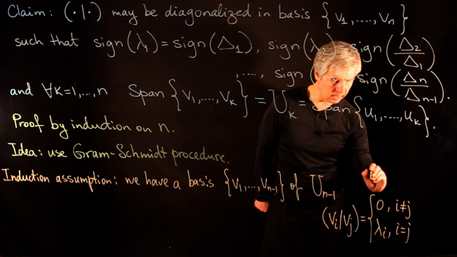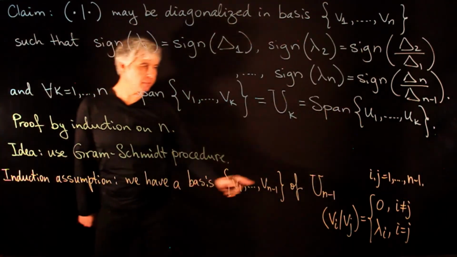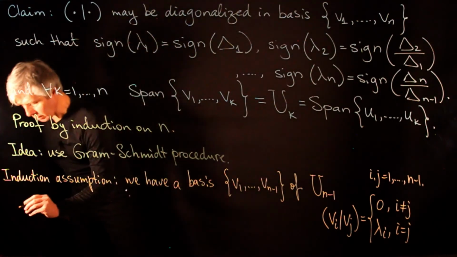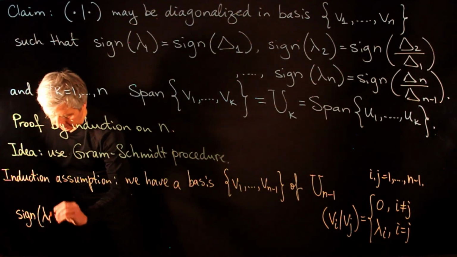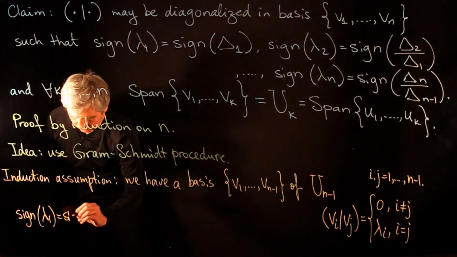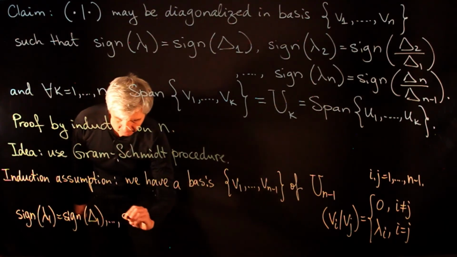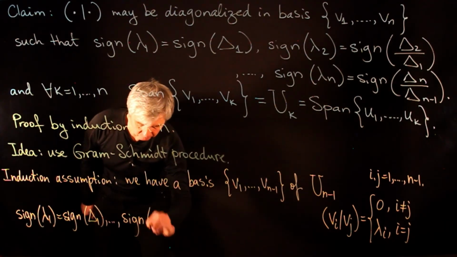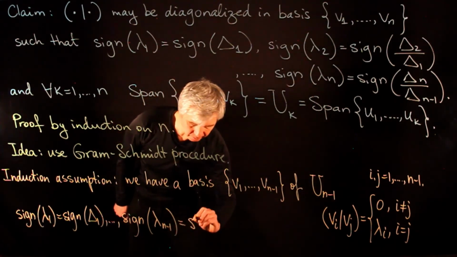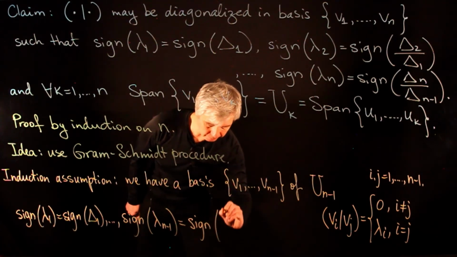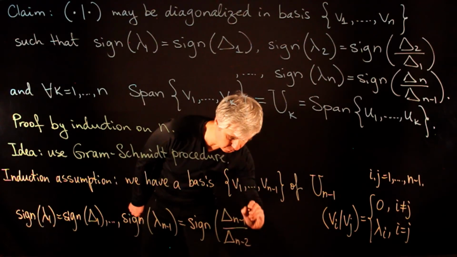And so here i and j are from 1 to n minus 1. And the signs of these eigenvalues satisfy our property that the sign of lambda 1 is equal to the sign of delta 1, dot, dot, dot, and the sign of lambda n minus 1 is the sign of delta n minus 1 over delta n minus 2.